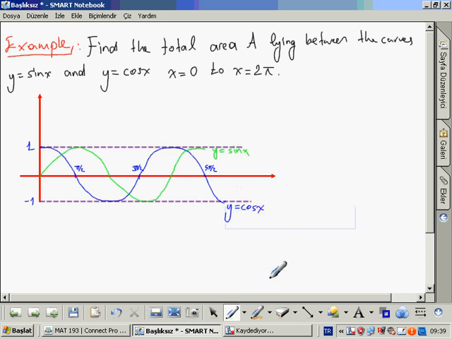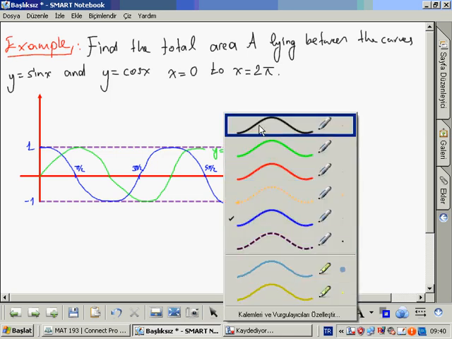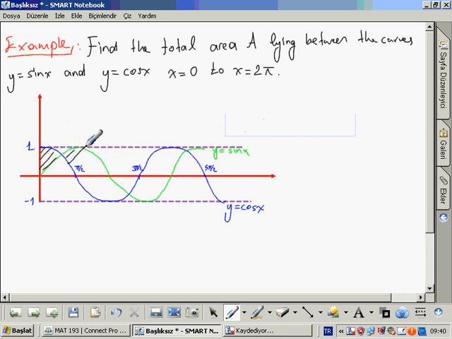Okay, this is our total area. This point is pi, and at this point is 2 pi.